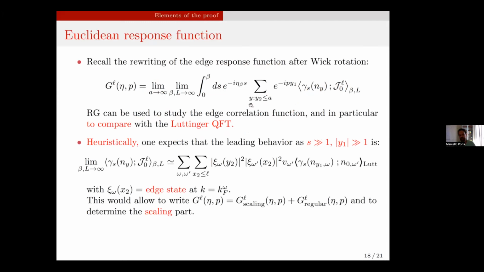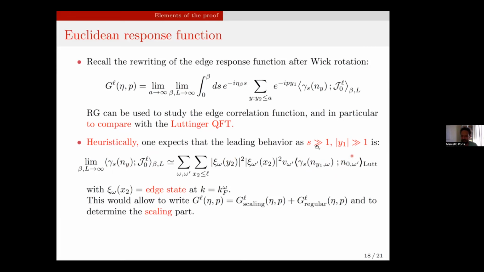Heuristically, what you expect is that for large Euclidean times S and for large Y1, so if you look very far from the point where you want to make a measurement, the scaling of this edge correlation function should be ruled by the analogous object for the Luttinger model multiplied by the amplitude of the edge modes that gives you this exponential damping in the bulk. This is the kind of thing you would expect at large distances.